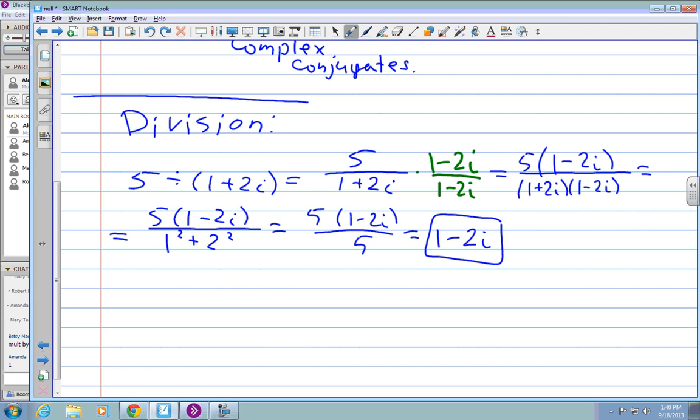So, when dividing complex numbers, all you're really doing is rationalizing the denominator. You're making your denominator into a real number. That's all you really do.